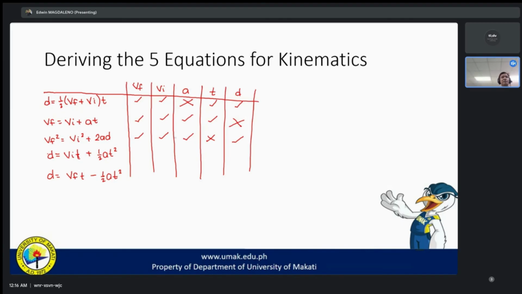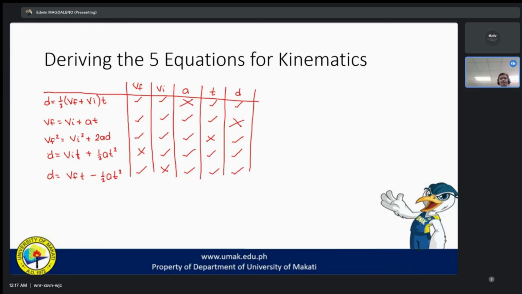For equation number 4, we have initial velocity, acceleration, time, and displacement, na wala naman tayo ngayong final velocity. And finally, equation number 5, final, acceleration, time, displacement. Wala naman tayo ngayong initial velocity. So as you could see, it depends on what is given and what is being asked.